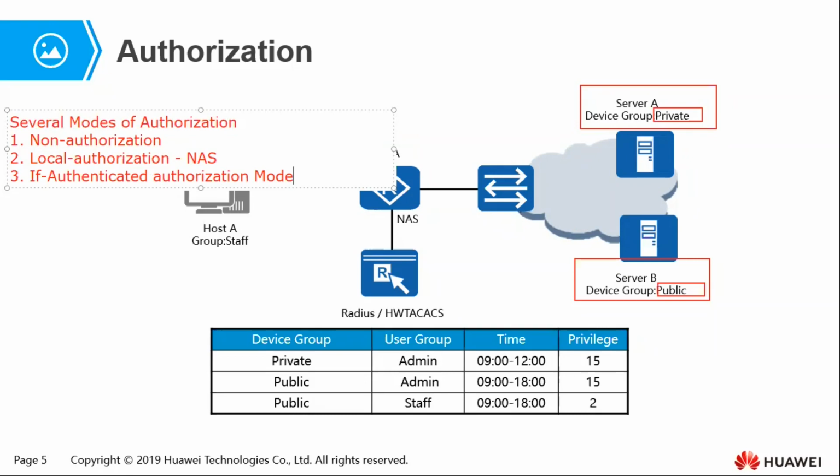This mode is used where users are considered authorized in the event that they are able to be authenticated in either the local or remote authentication mode. So you are considered authorized as long as you have already been authenticated with either local or remote authentication mode.